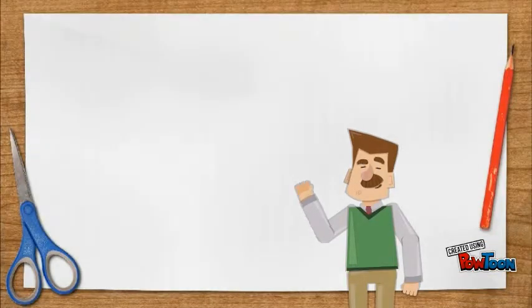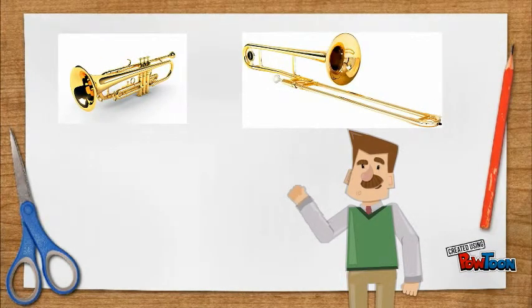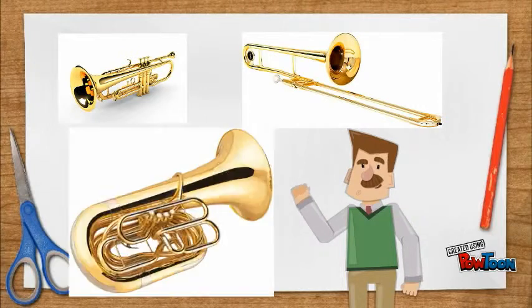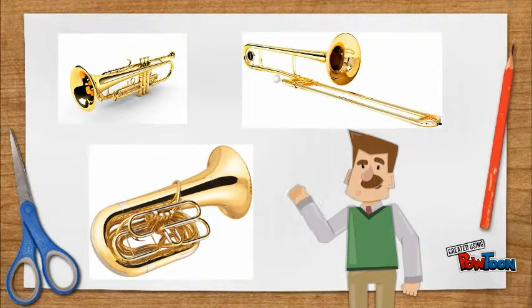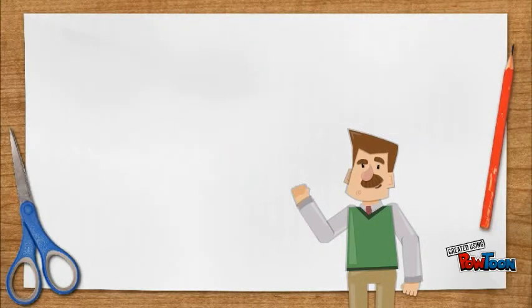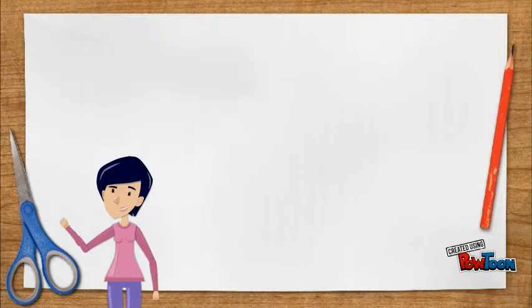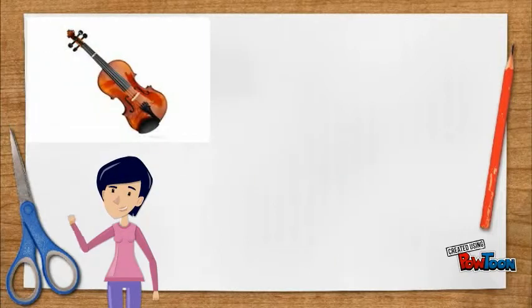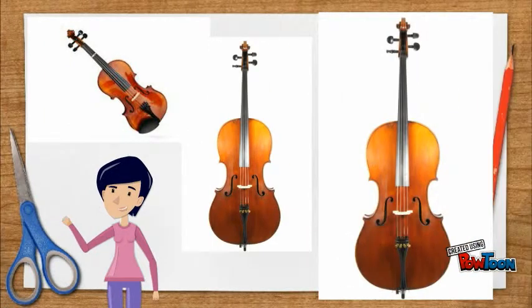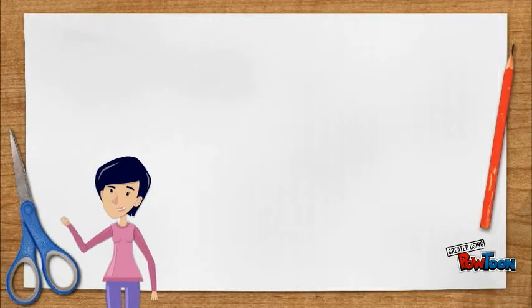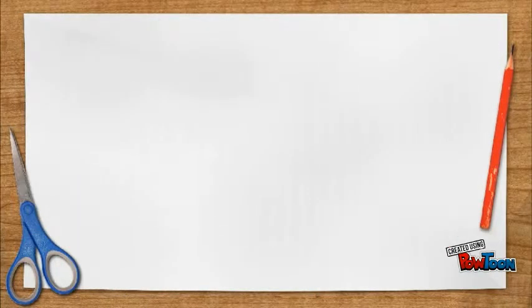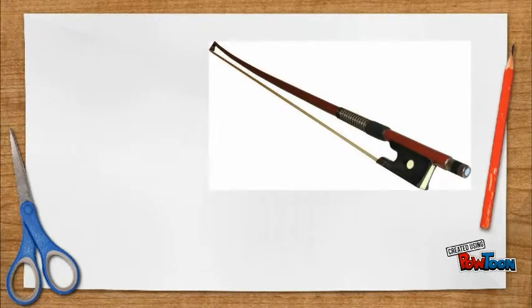Brass instruments, like the trumpet, trombone, or tuba, create vibrations by the player buzzing their lips into a mouthpiece, which is amplified by the rest of the horn. String instruments, like the violin, cello, and double bass, can create vibrations either by plucking the strings or by dragging a bow across them.